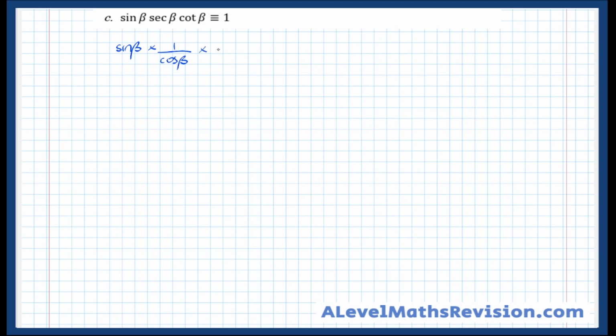And cot beta, remember, is the reciprocal of tan. Well, tan is sine over cos, so cot is the reciprocal of that, cos beta over sine beta. And we can see that that cancels with that cancels with that, just to leave 1. And there we have it, proving some trig identities.